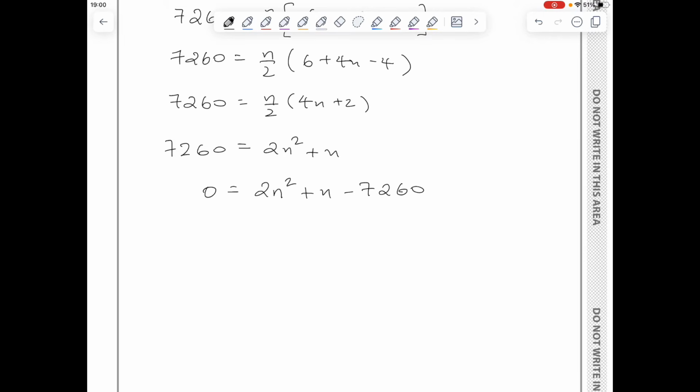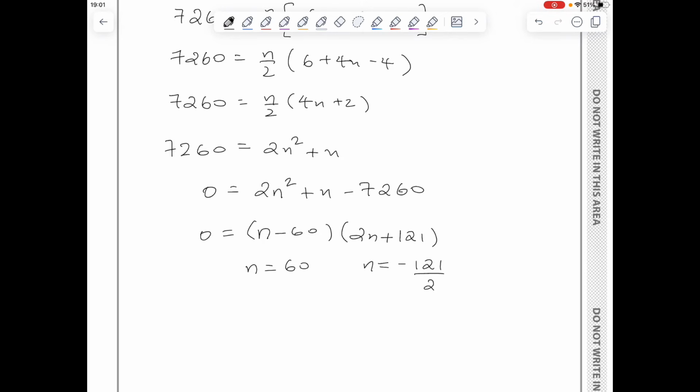You can either factorize or use the quadratic formula. I will proceed with factorization. First bracket n minus 60, second bracket 2n plus 121. Therefore, I have 2 n values. n is equal to 60 and n is equal to minus 121 over 2.